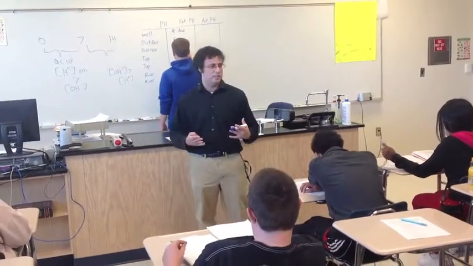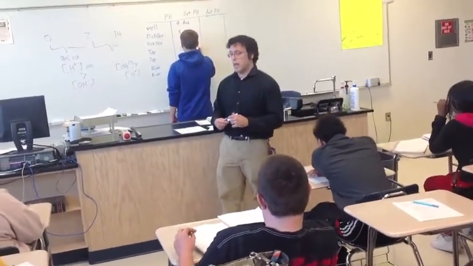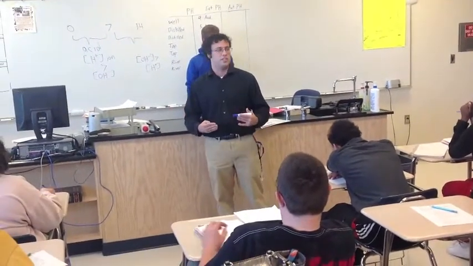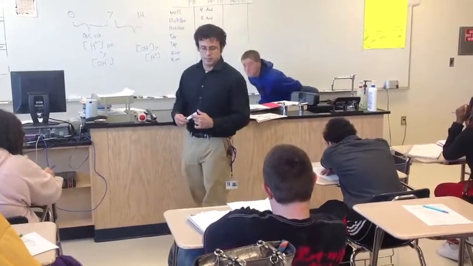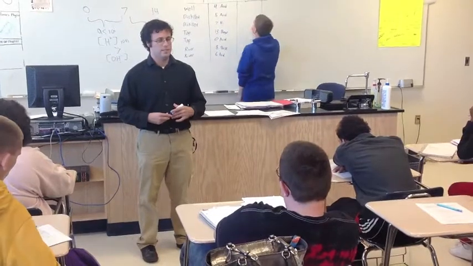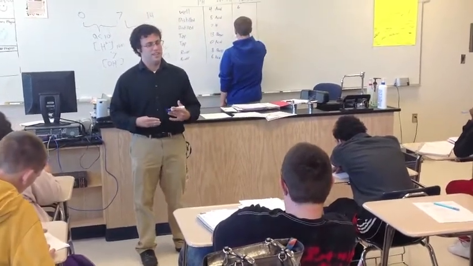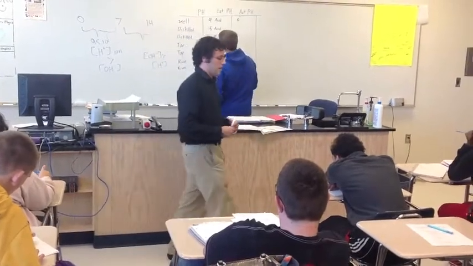So we have a lot of different reasoning to why we got what we did. So now I'm going to ask the same question, but now I want you to give me your actual value. It's 6. Alright, so the well water was a pH of 6. So it's a little bit different than what you thought. Alright, now I need the distilled water.